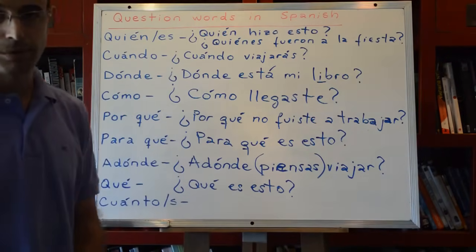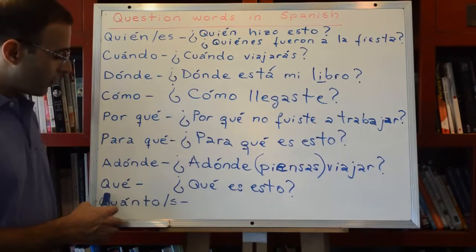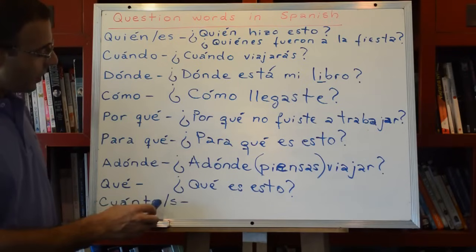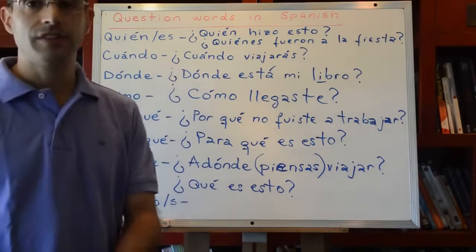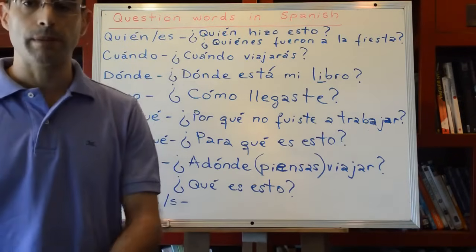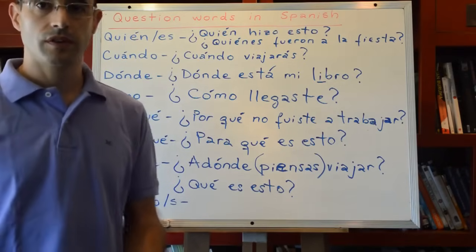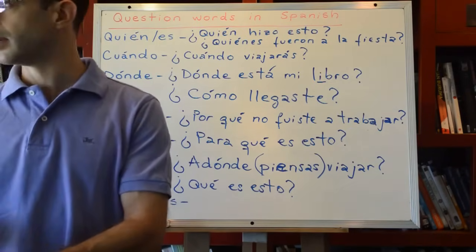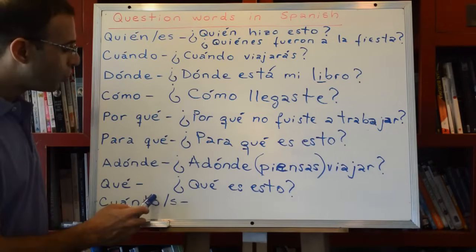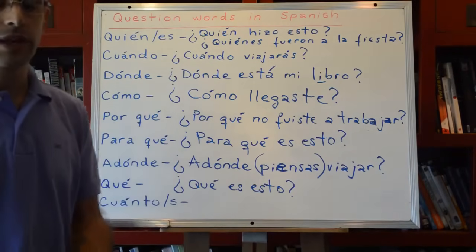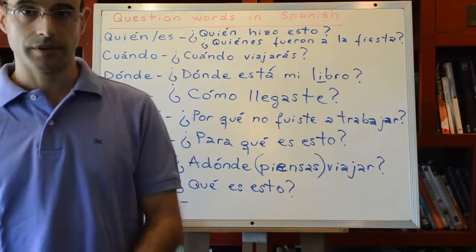So it's logical that it would be cuántos with S at the end for things that we can count, that we can pluralize, okay? Like trees, coins, birds, whatever, right? And cuánto for things that we cannot count, like water, air, money, etc.